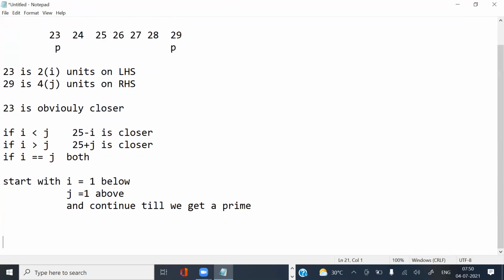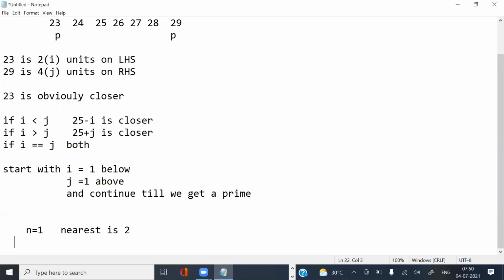Okay. There are special cases. When n equals 1, nearest is 2. When n equals 2, nearest is 3 only.